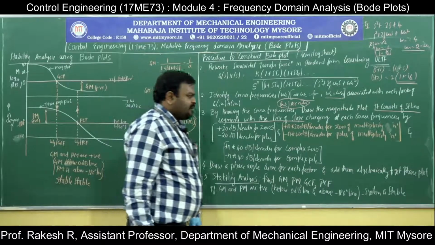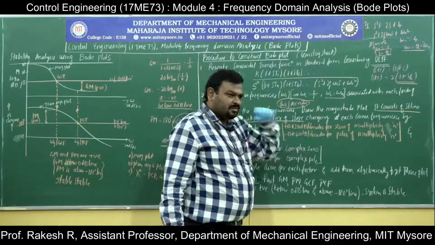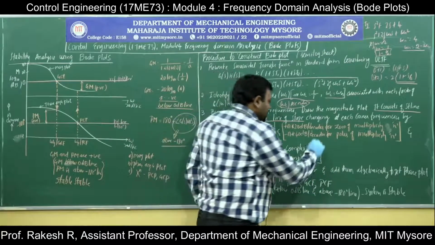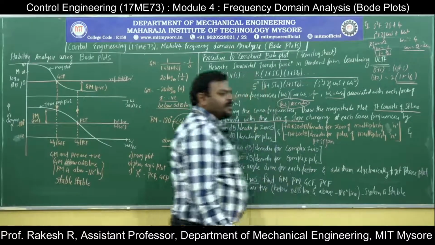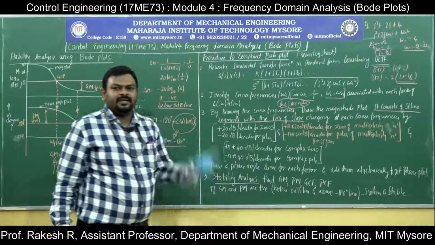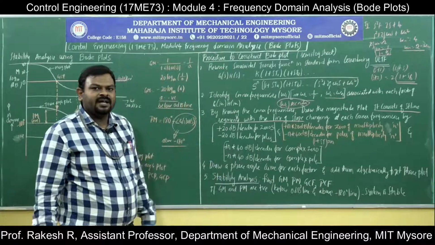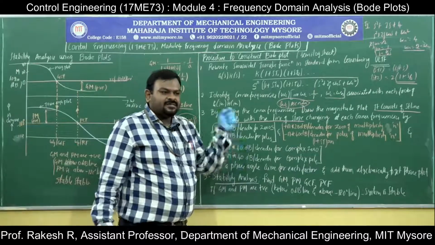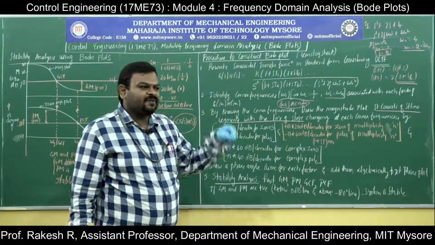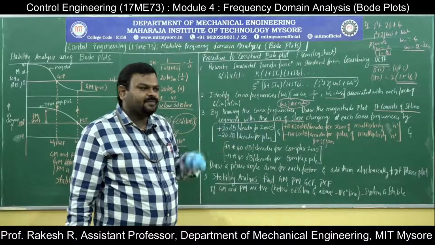Second case, whenever you have poles and zeros with multiplicity n, that is 1 plus sT to the power plus or minus n. Whenever there are zeros, the s terms will be in the numerator, you will get n as positive. Whenever the s terms are in the denominator, those are referred to as poles. Denominator terms are poles.